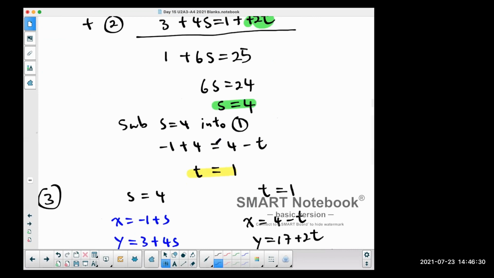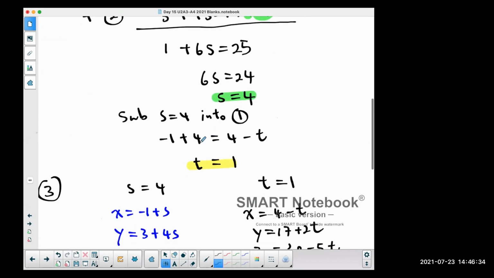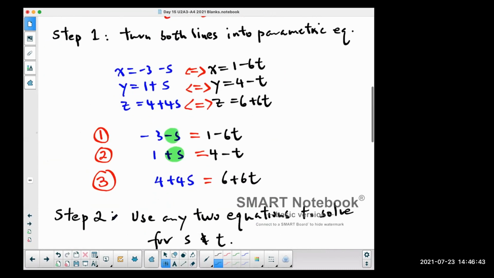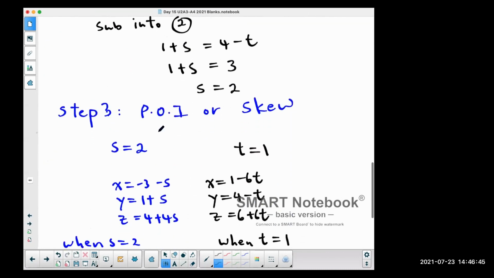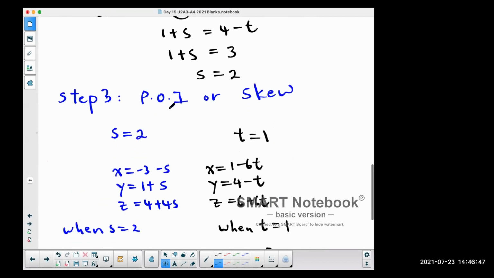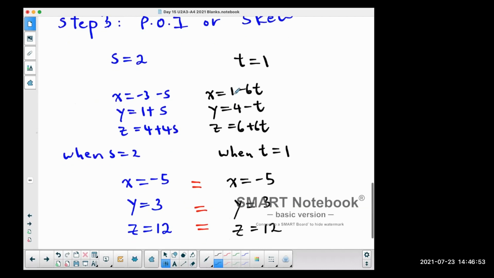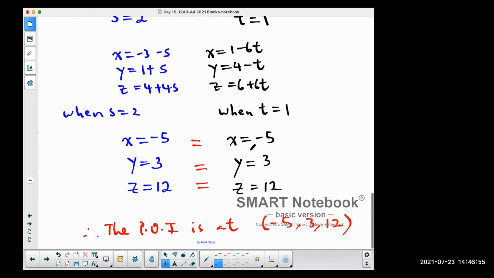That's the second step. Once you have the values of S and T, you sub them back into the two lines separately to see if they are the same point or not. You sub the S value into the first line and the T value into the second line, and see if they're the same.